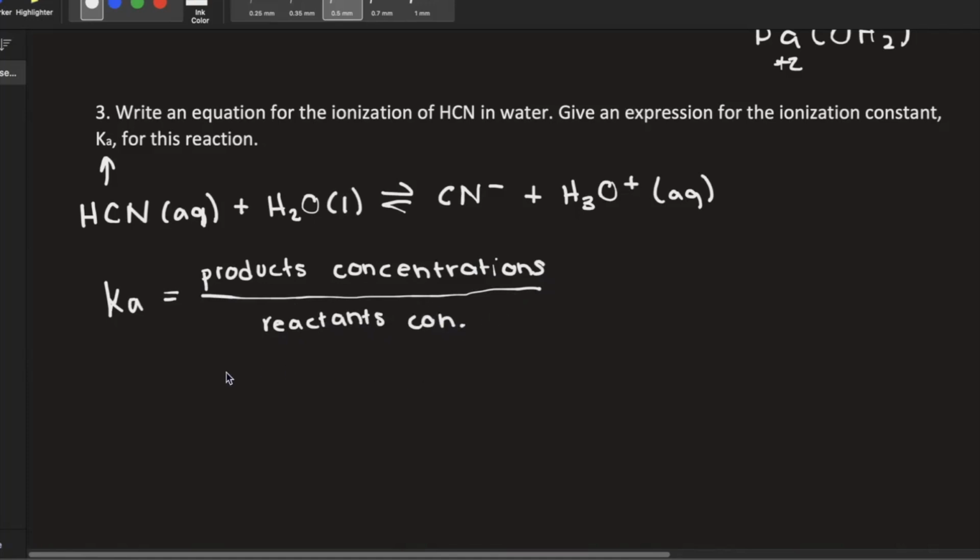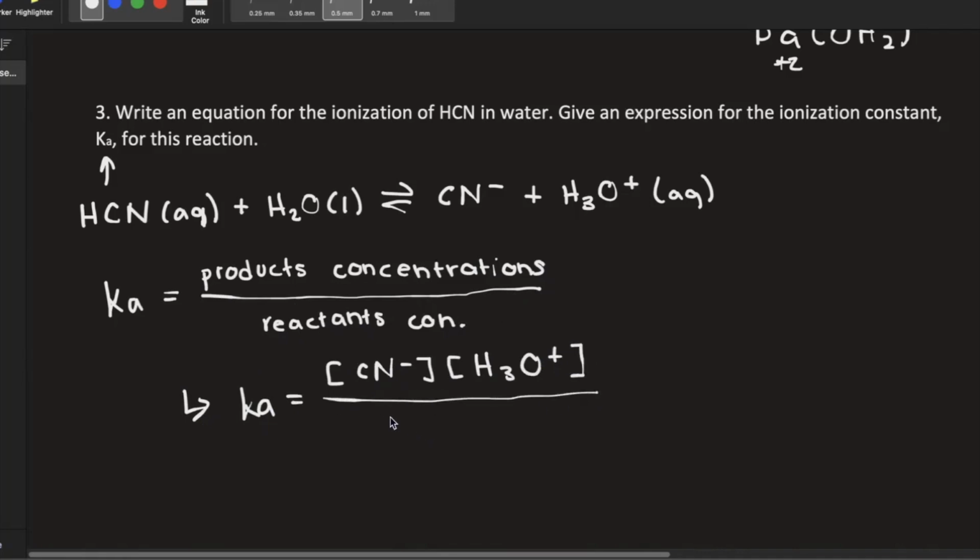Okay, so using this, at the top we're going to have a concentration of CN minus and H3O plus. And then at the bottom, we're just going to have HCN.